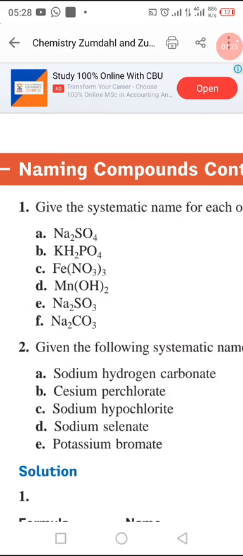So I've got sodium hydrogen carbonate. In fact, I'm going to write two of them.